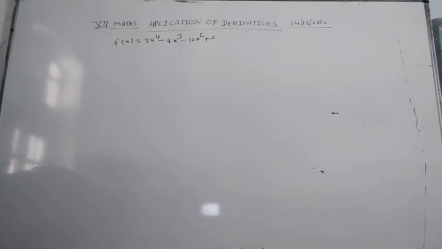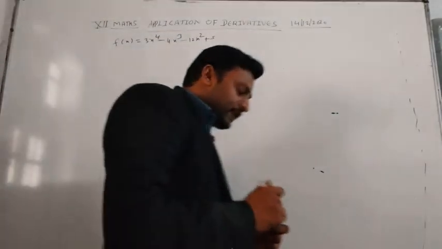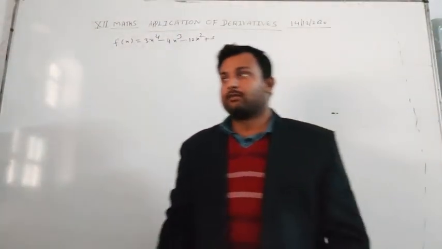So the function is 3x to the power 4 minus 4x cube minus 12x square plus 5. Find the intervals in which the function is strictly increasing and strictly decreasing. Okay, so we have to find out the intervals in which the function is increasing and the function is decreasing.